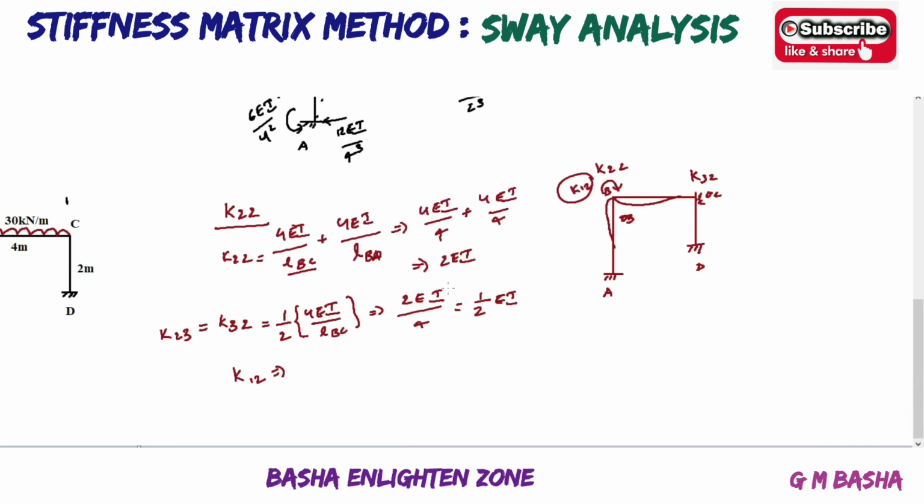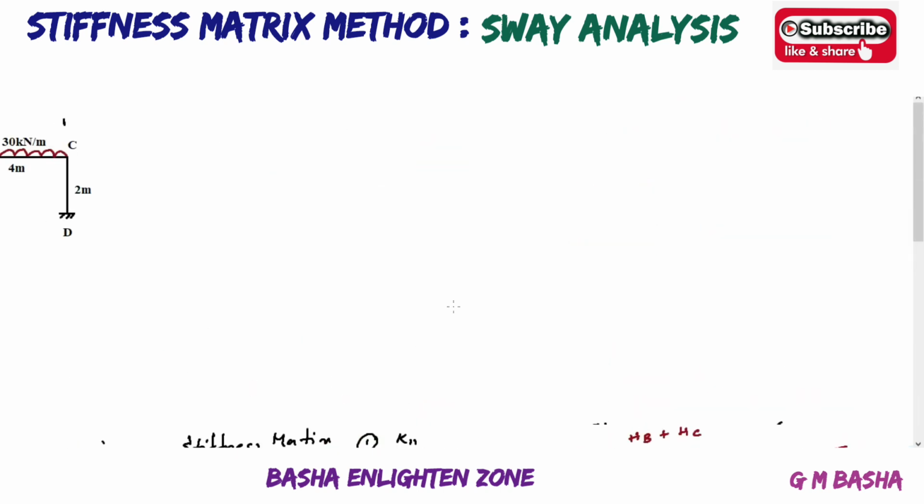Okay, therefore your K12 will be equal to K21. Like that you have to remember directly here. And again, next is K33, unit displacement in coordinate direction 3. So I will take here diagram.